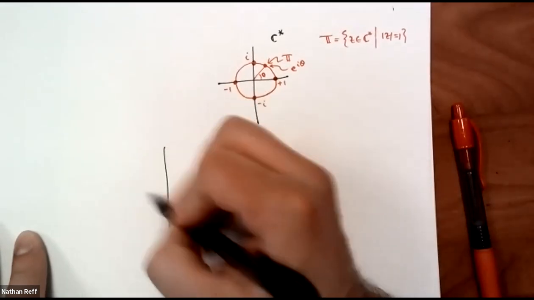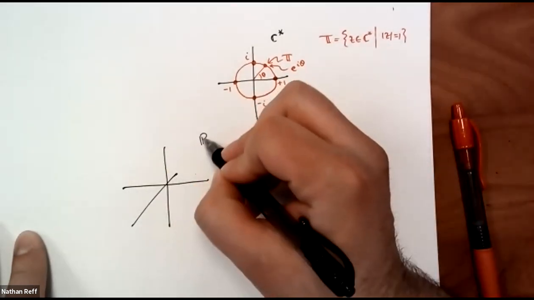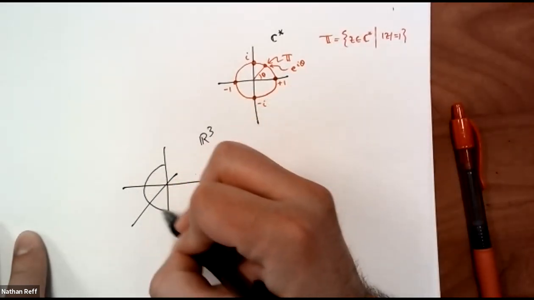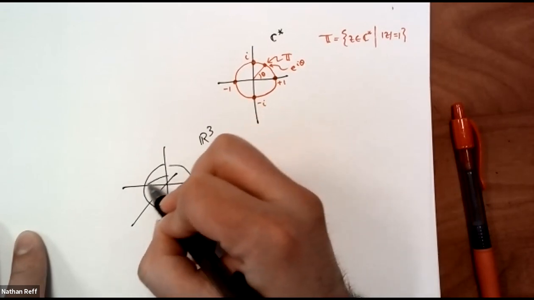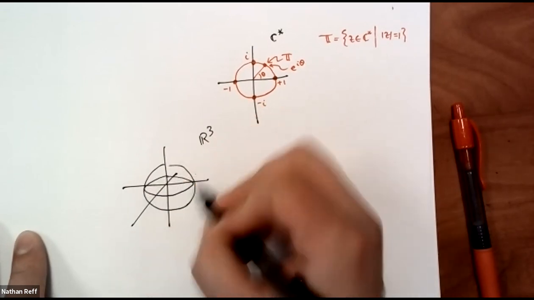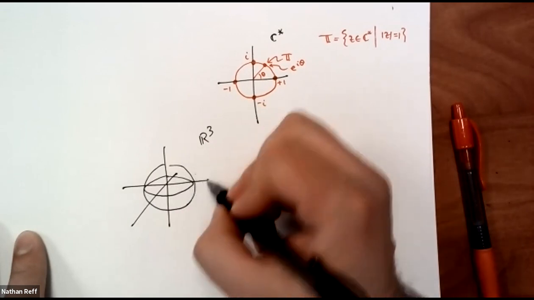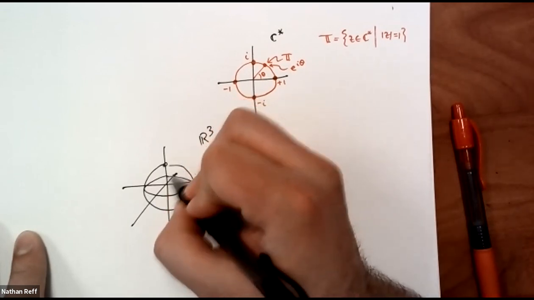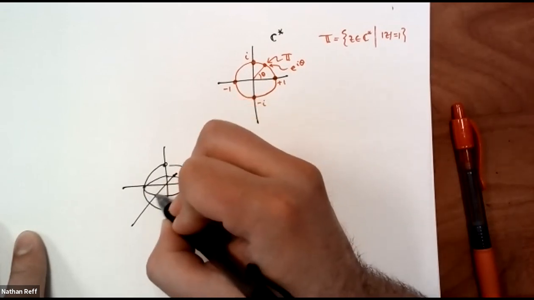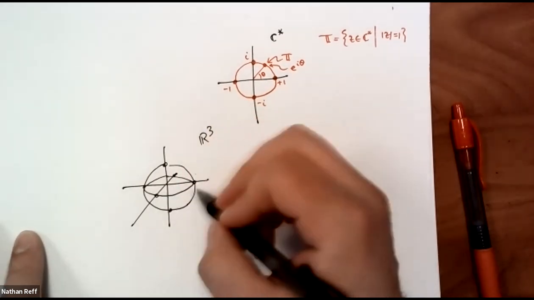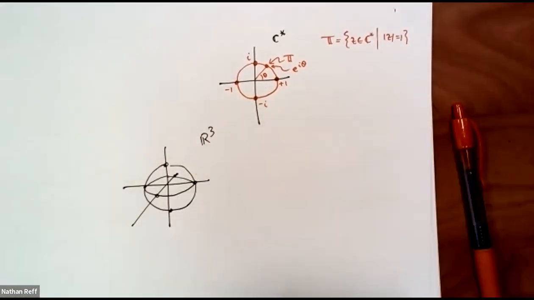So like in R3, you know how you could have a sphere where everything is unit distance away from the origin? You guys kind of see this, right? You can generalize that to any dimension in Euclidean space, Rn, and then I could just say, okay, give me all the vectors that are distance 1 away from the origin. So you can kind of think of the same thing that's happening in the quaternions.